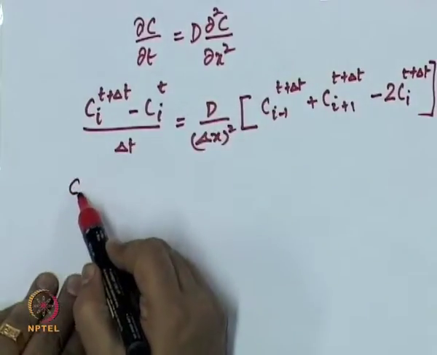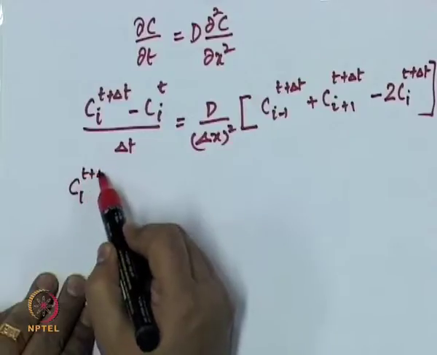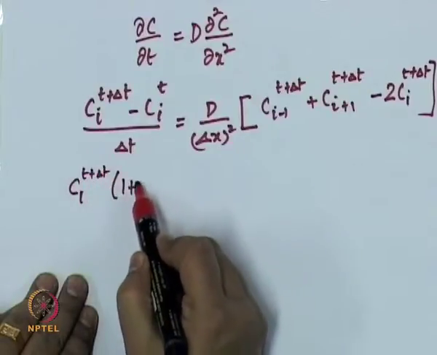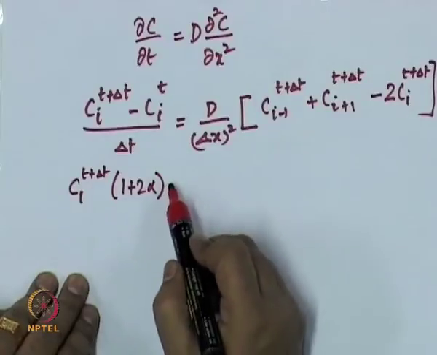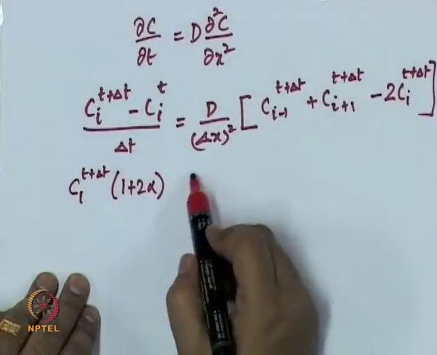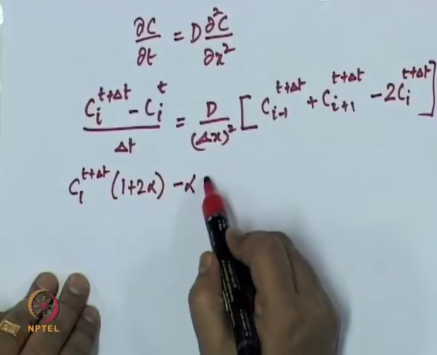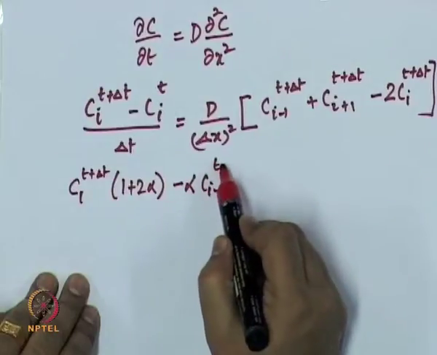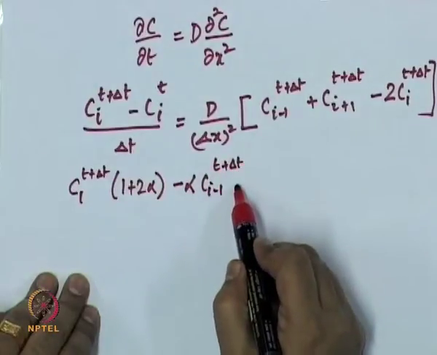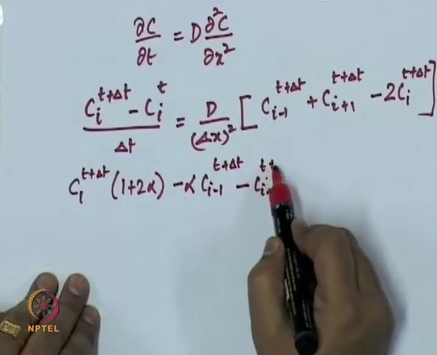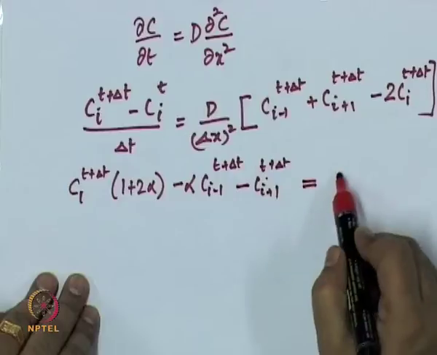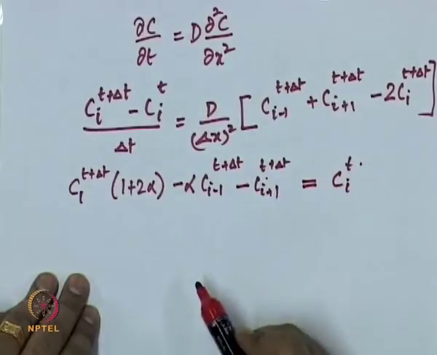So, we have Ci at t plus delta t multiplied by 1 plus 2 alpha, and then minus alpha times Ci minus 1 at t plus delta t, minus alpha times Ci plus 1 at t plus delta t, is going to be equal to Ci at t.